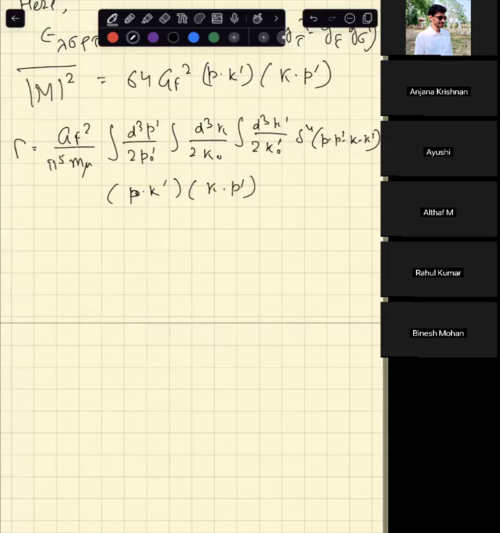So now we have to perform these phase space integrals, and that's what we want to do. So then we assume the form of the gamma in this particular structure, let's say. So gf square by pi to the power 5 mu d cube p prime by twice p naught prime.